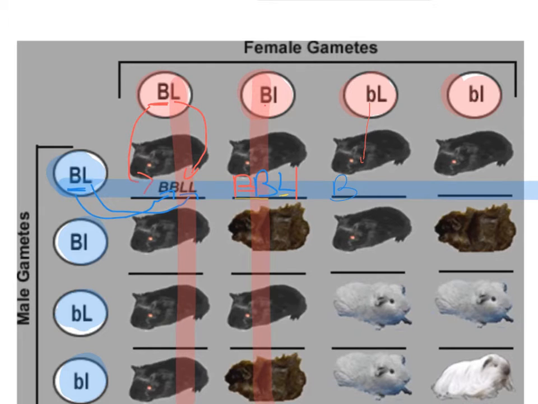Keeping up with that, big B here. Mom gave the little b, big L from dad and the big L from mom. Big B from dad, little b from mom, big L, and then little L. What you should do right now is pause the video and fill in the rest of this Punnett square.